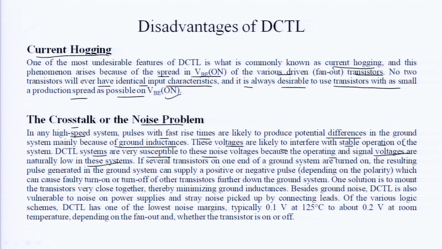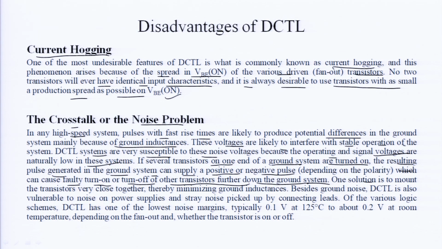If several transistors on one end of the ground system are turned on, the resulting pulse generated in the ground system can supply a positive or negative pulse depending on the polarity, which can cause faulty turn on or turn off of the other transistors further down the ground system.